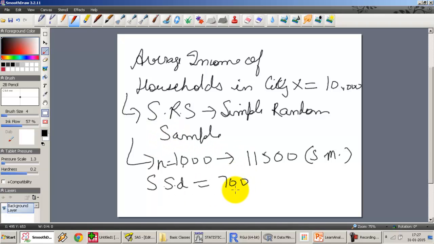Now using this, can I test the claim that I made, that the average income of the household is 10,000? Is this claim true or false? You might say, looking at this, that the sample mean is coming out to be 11,500, therefore this claim is false. But are we sure this claim is false?